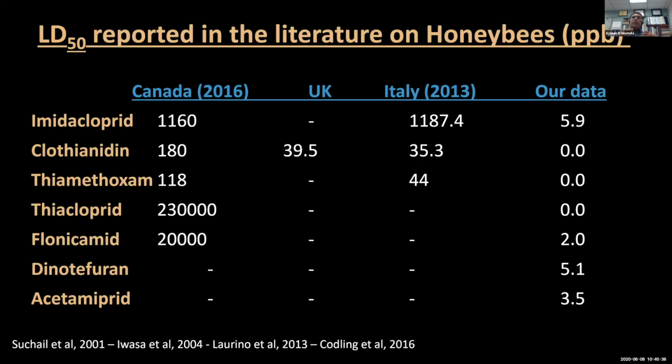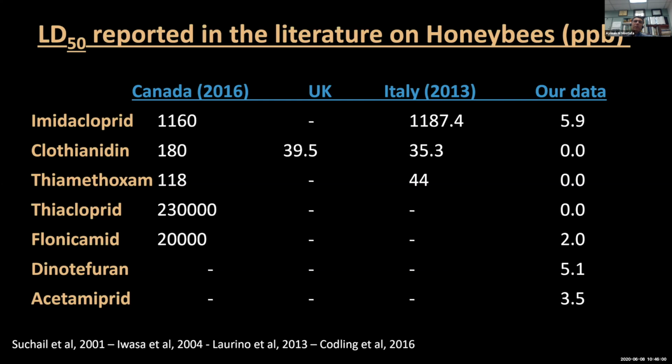So in terms of what we are finding, how can we compare it to the level that is allowed in many countries? There is not a lot of available information on the limit allowed.